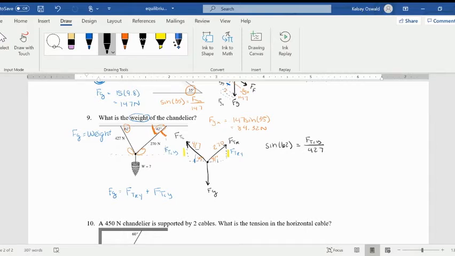If we multiply each side by 427, we'll find that the y component of that left string ends up being 377.02 newtons. So we know that left string is pulling up with a force of 377.02 newtons.